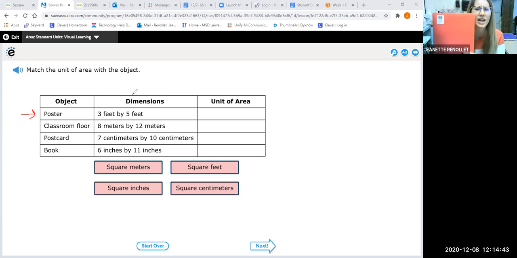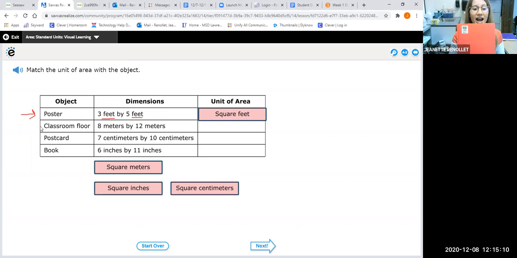Okay, so the area that would fit, we want to match the correct area. So I see he's measuring in feet. Mr. Nelson is measuring in feet. That means I need to select the one that says feet. Square feet would go with measuring with feet.